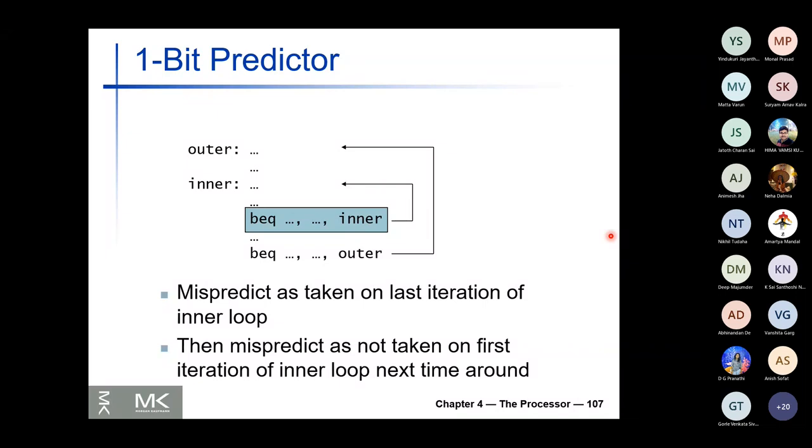Is there any way you can improve the prediction accuracy in runtime? Can you extend this idea of one bit prediction to something else?